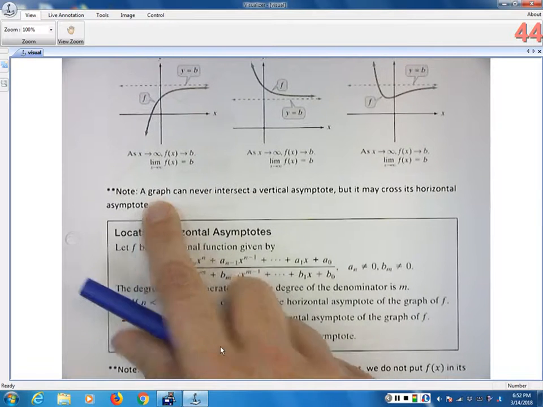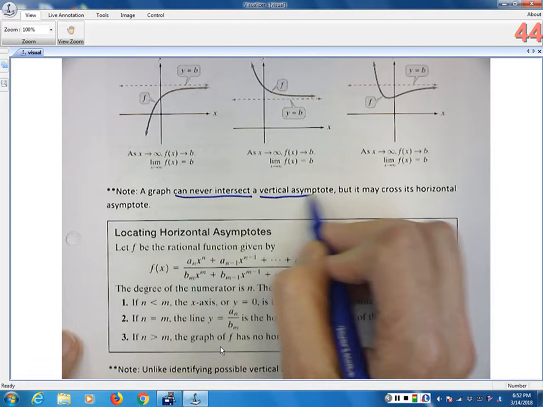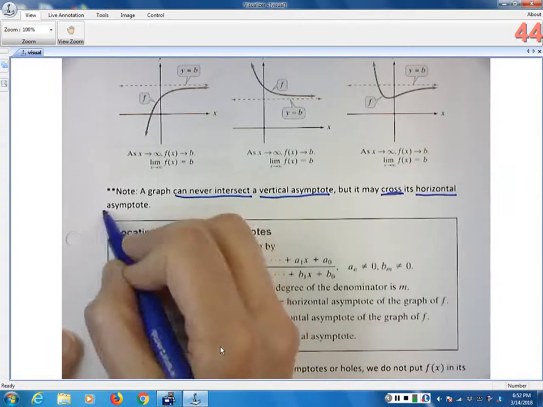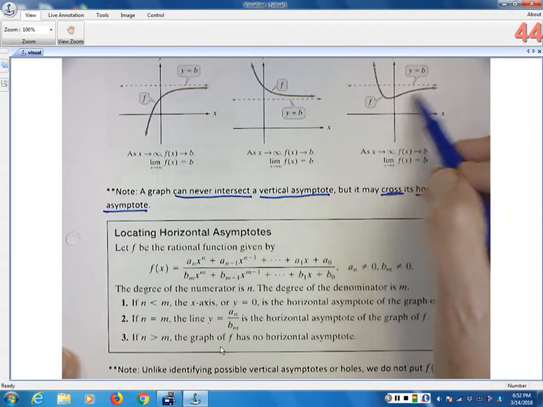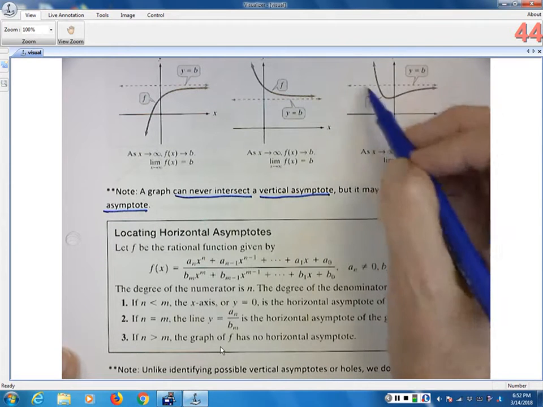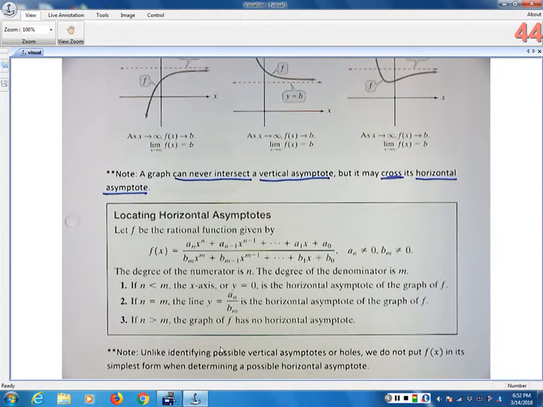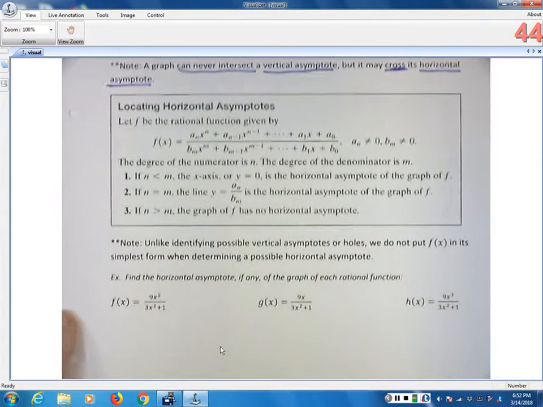A graph can never intersect a vertical asymptote, but it may cross its horizontal asymptote. So here's a picture. We've got a horizontal asymptote, but it's crossing it back here. And here's the rules for locating horizontal asymptotes. You're given these rules on the formula sheet for the next test.